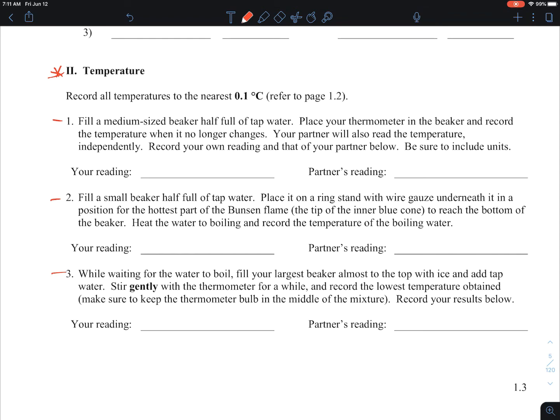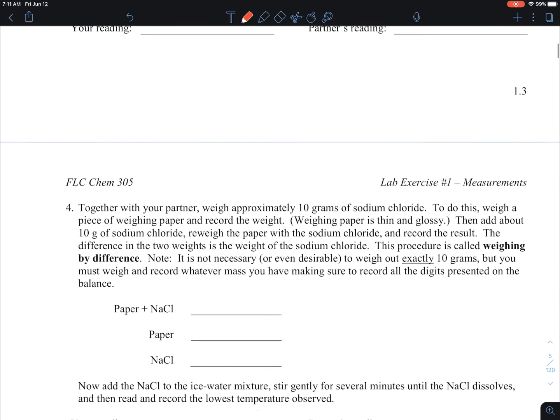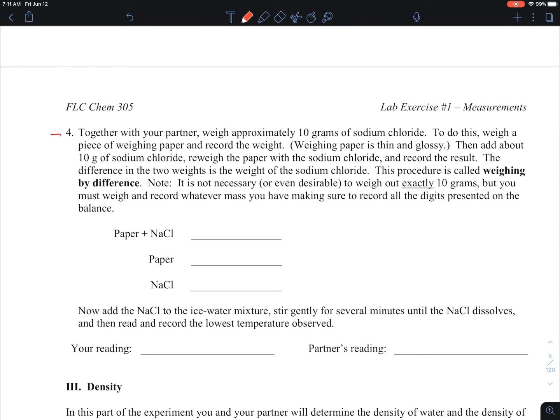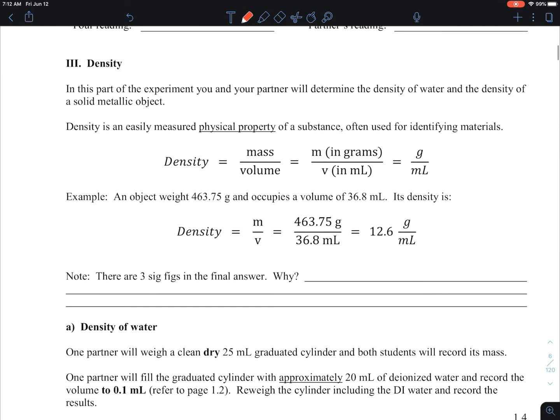That is the purpose of this part. So in this part of the lab, watch the video, get the data. And then actually part 4 here is the one where you look at the addition of salt to water and see how that affects the temperature.